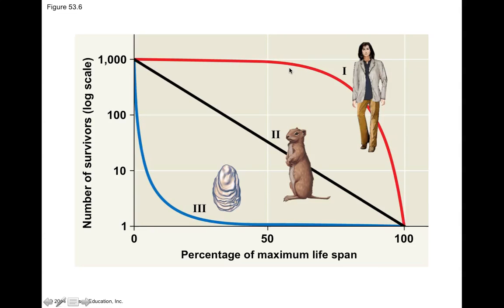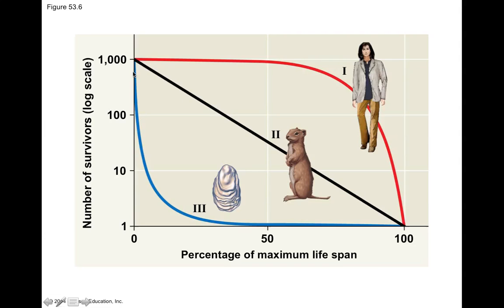And then when we get past about 50% of our maximum lifespan, so 120 years for a human, the death rate increases very quickly. So not very many people get to be at this maximum age. So most of the deaths are occurring when people have led a long life.